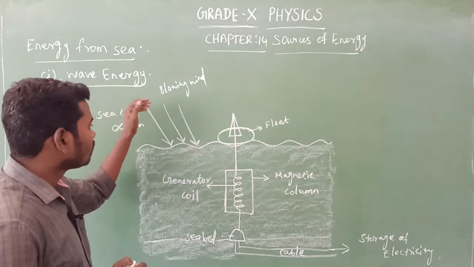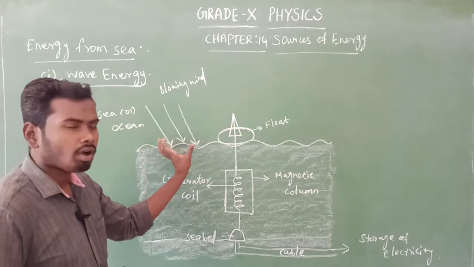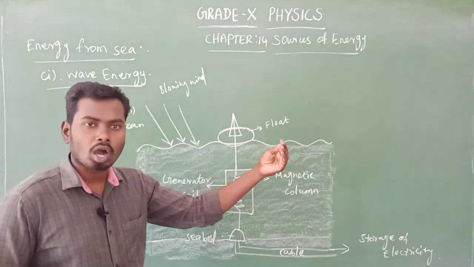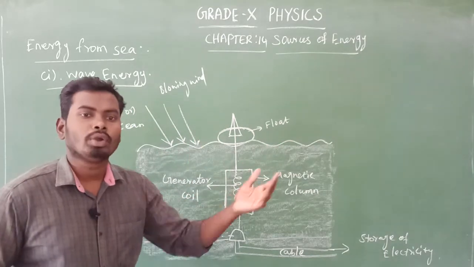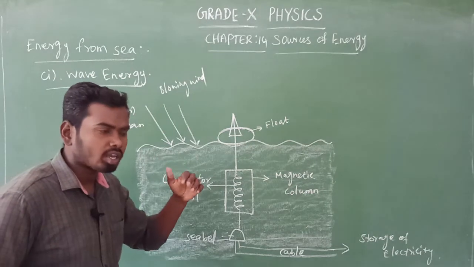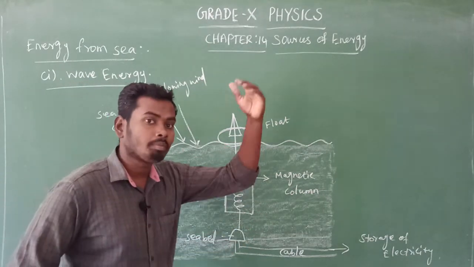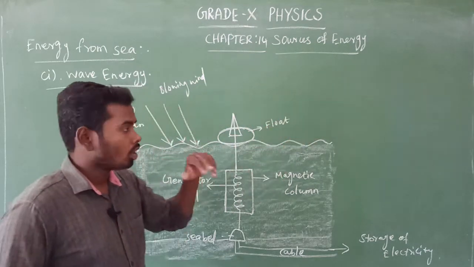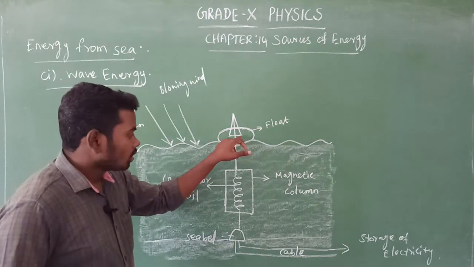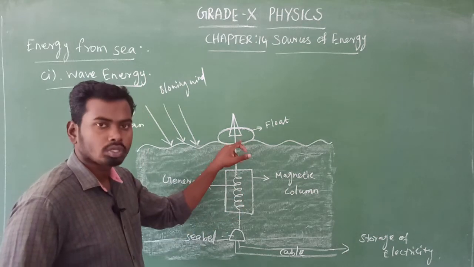Look here, what is the conclusion? When the blowing wind falls on the surface of the sea or ocean, it creates waves. As the surface of the water moves up and down, accordingly the float also moves up and down. When the float moves up and down, the coil also moves up and down, because it is connected with the float.